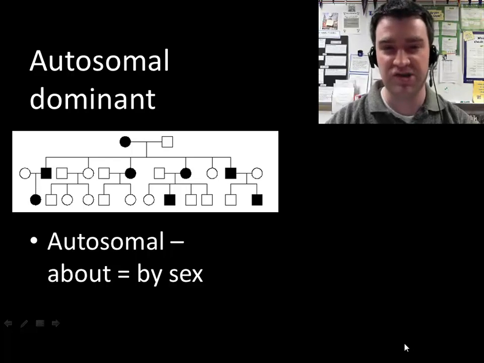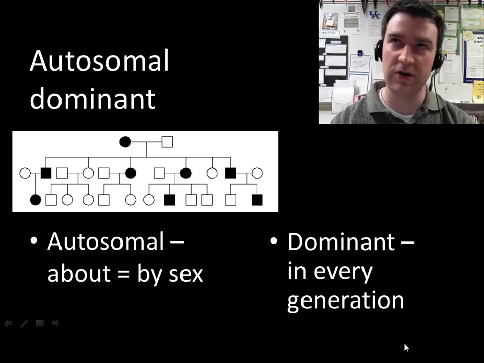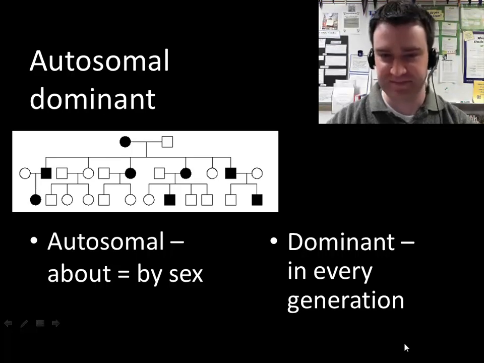There's no reason why they should have it in different numbers. It's also dominant in this particular case, having the trait, because we see it in every generation. So it's hard for a dominant allele to be hidden in generations throughout the family history.